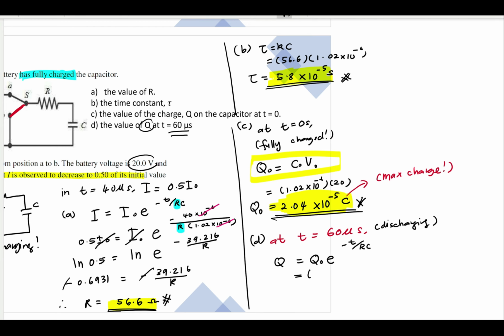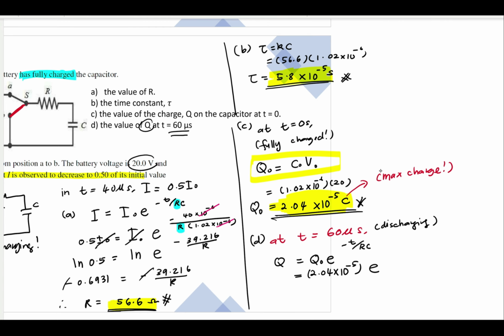Q0 tadi kita dah ada 2.04 exponent negative 5. e, t kita 60 micro. R kita dah kira tadi 56.6, and C is 1.02 microfarad. So micro ni actually we can cancel out. RC pun tadi kita dah kira kan, masukkan terus pun boleh.